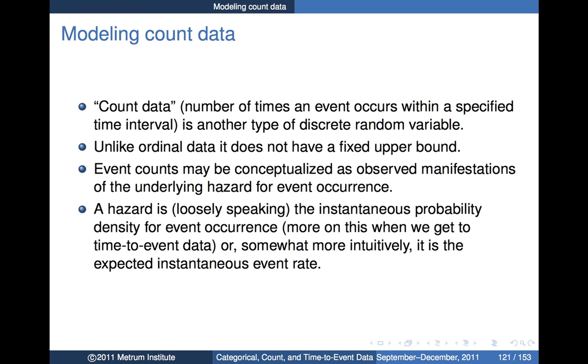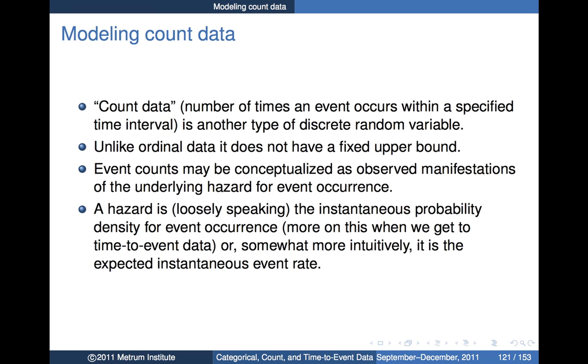Okay, so count data. And so we're talking about things like counting up the number of times an event occurs within a specified time interval is the typical type of count we're talking about. As I said, that's another type of categorical or discrete random variable that we're working with.